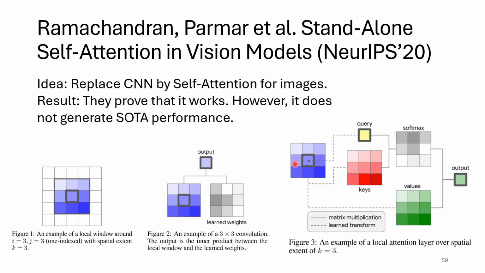Once they have the vector, they can compare it with other vectors in the image, and they show that this mechanism can replace the convolutional network.